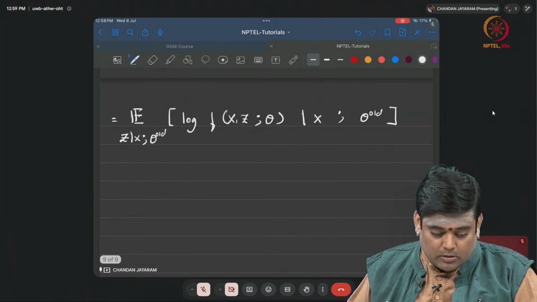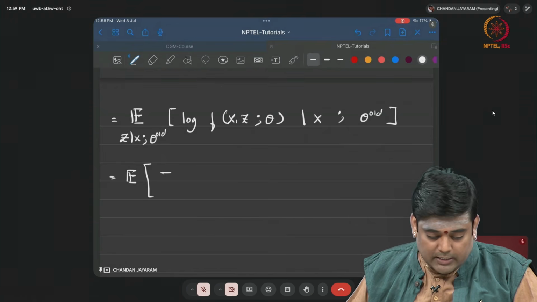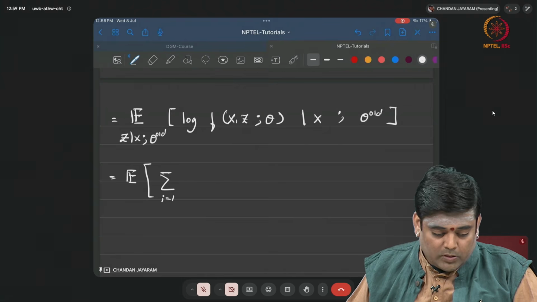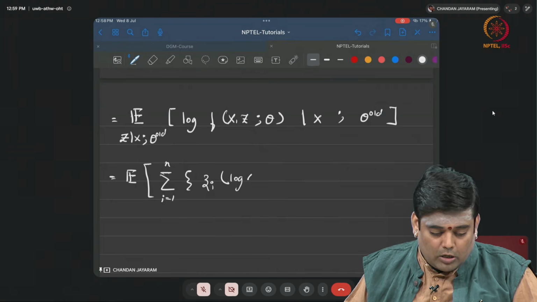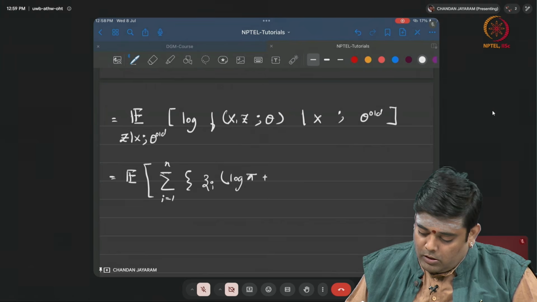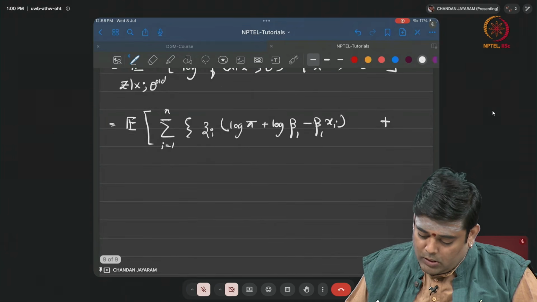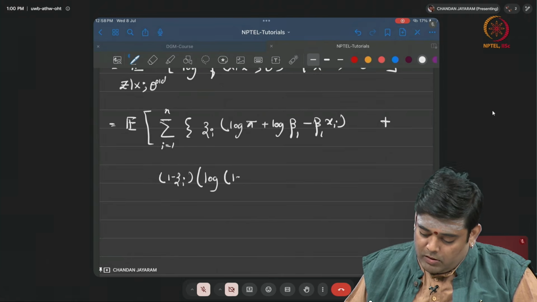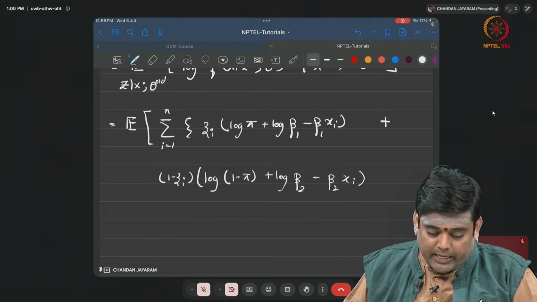Okay. Now there is an expectation, the log term we already know, this is a summation i equal to 1 to n of zi into log pi plus log of beta 1 minus beta 1 xi plus 1 minus zi into log of 1 minus pi plus log of beta 2 minus beta 2 xi.